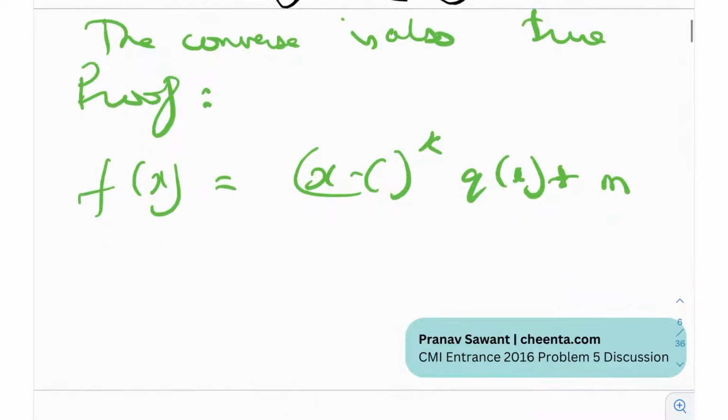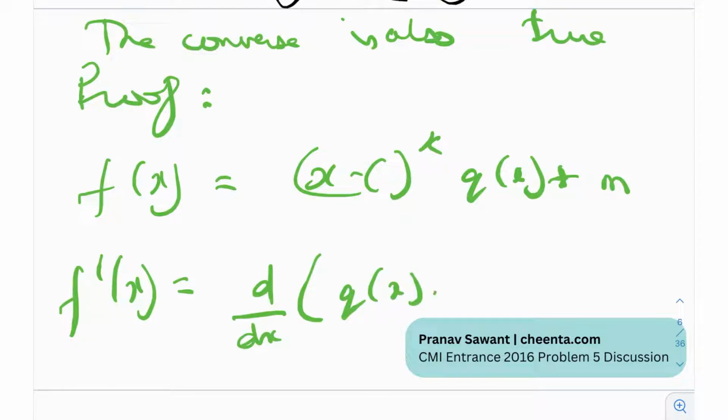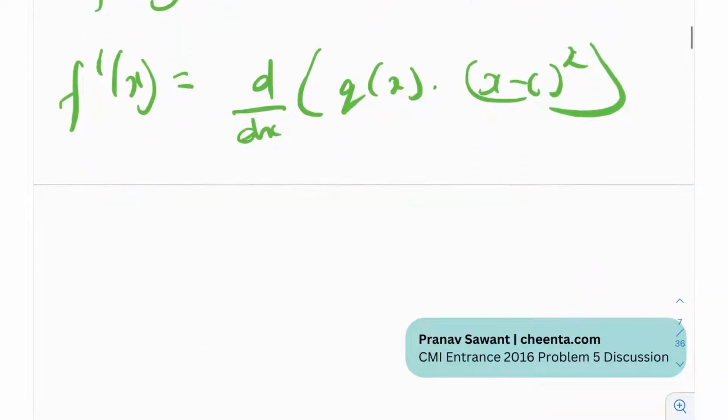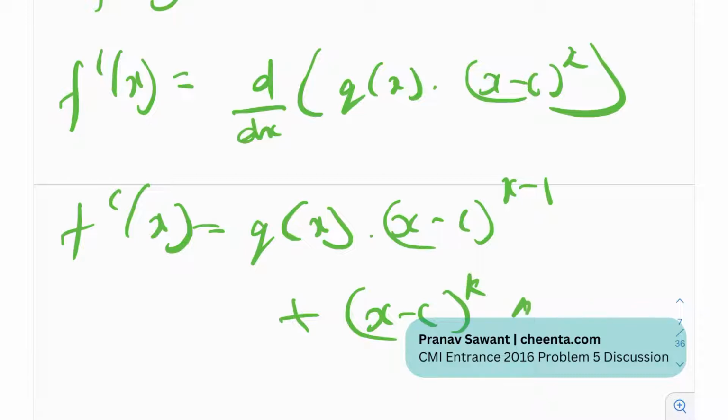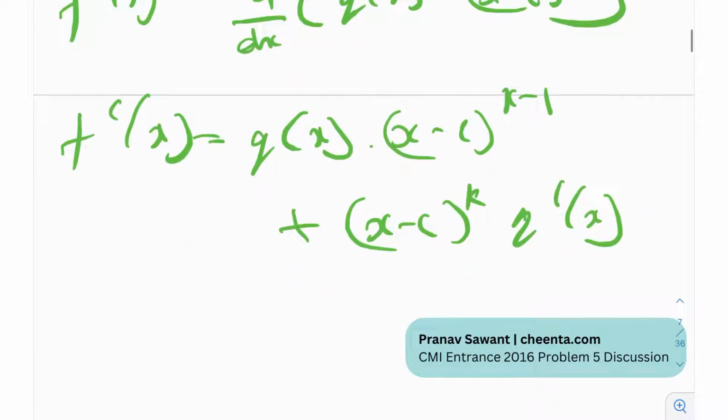And if I just try to calculate f prime of x, what would be f prime of x? Right, f prime of x would be nothing but d by dx of q of x times (x minus c) raised to the power k. And if you're aware of the product rule for derivatives, you would be able to compute this. This would be q of x times k times (x minus c) raised to the power k minus 1, plus (x minus c) raised to the power k times q prime of x, right?